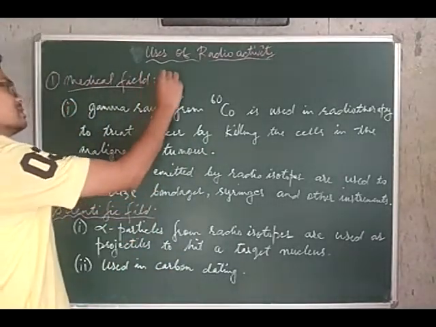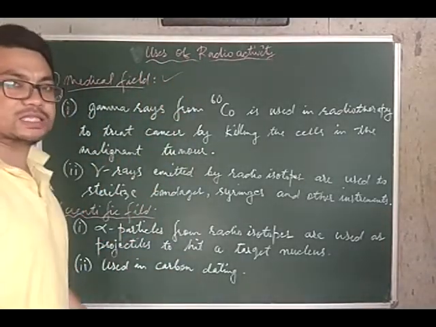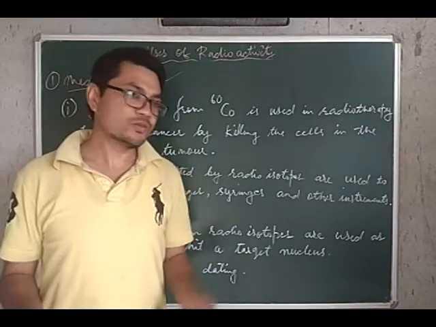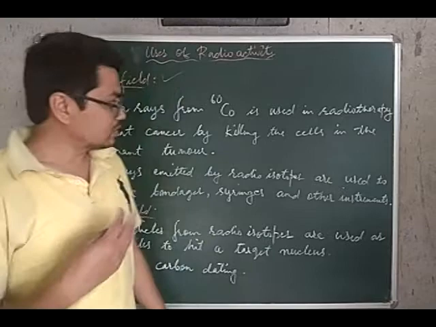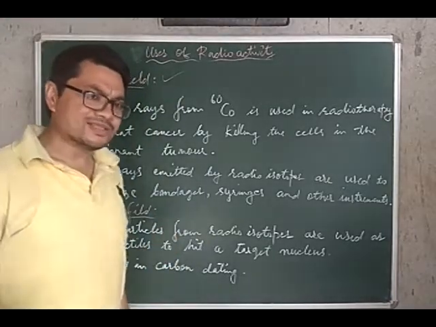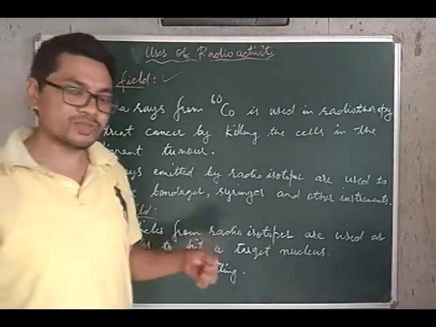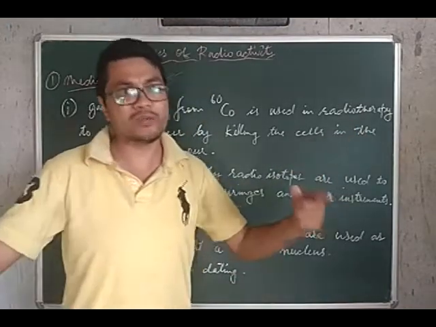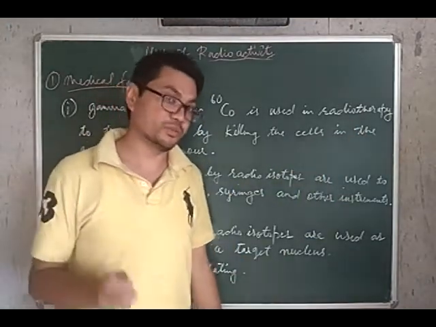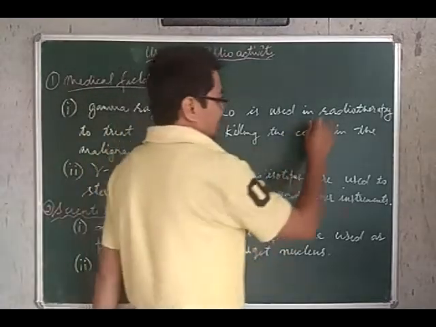So first let us discuss the use of radioactivity in the medical field. You must have heard of radiotherapy when we speak of cancer patients. In case of a cancer patient, after the surgery you have something called radiotherapy and also chemotherapy done. But here we are talking about radiotherapy.